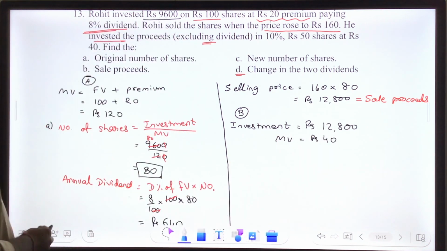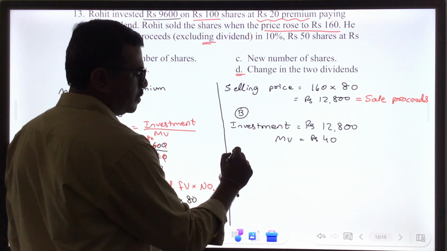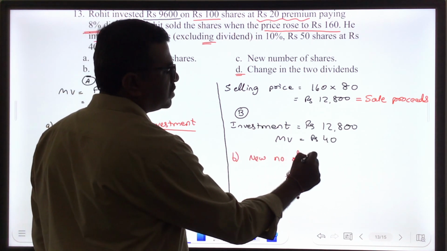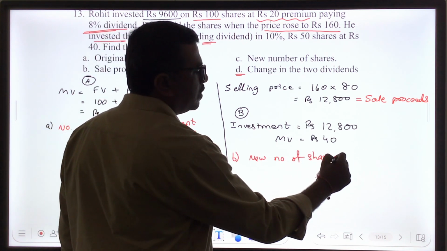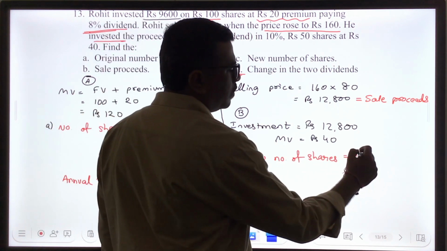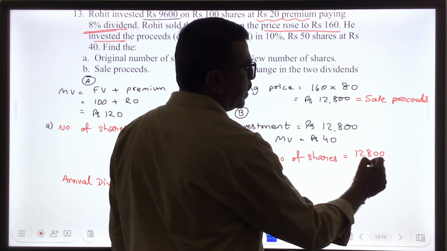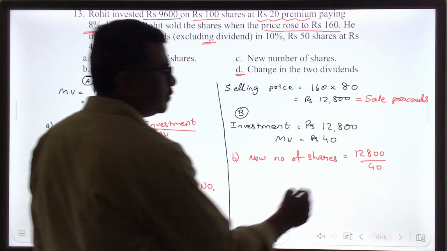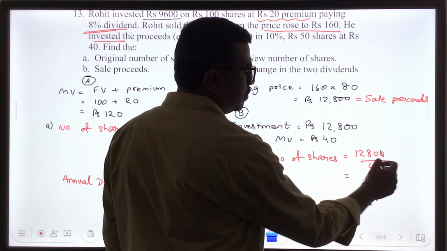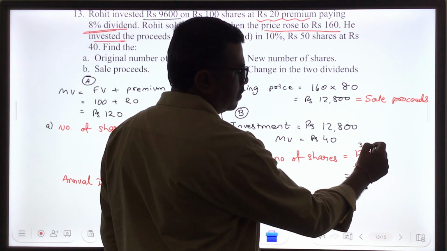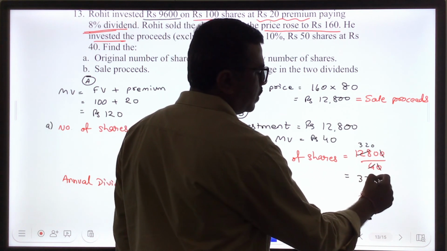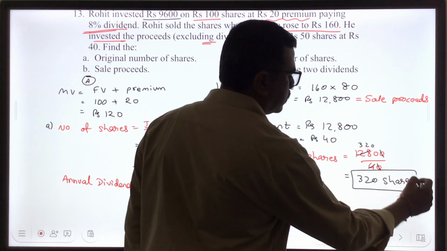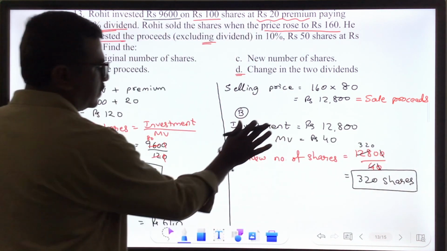So new number of shares, that is shares of company B, will be given by 12,800 divided by 40. So that is equal to 320 shares. This is answer number C.